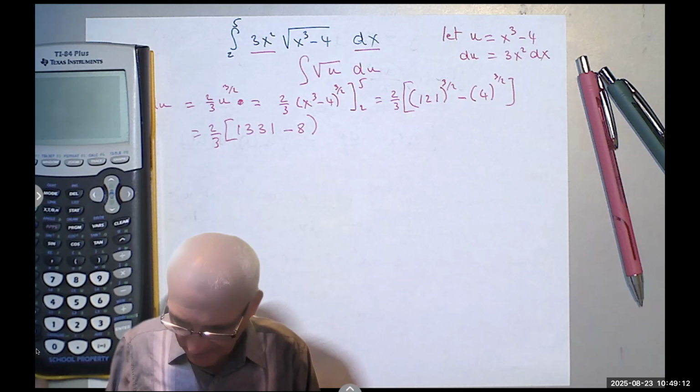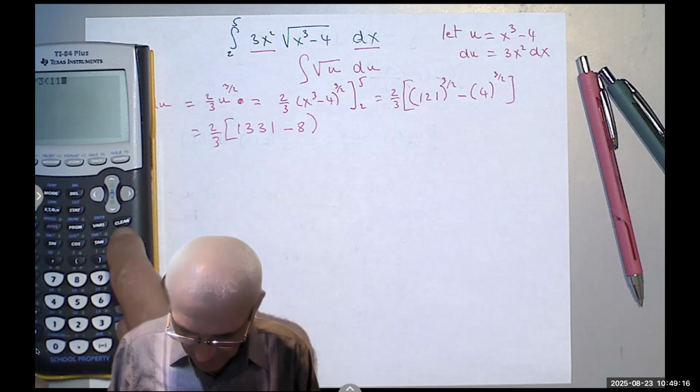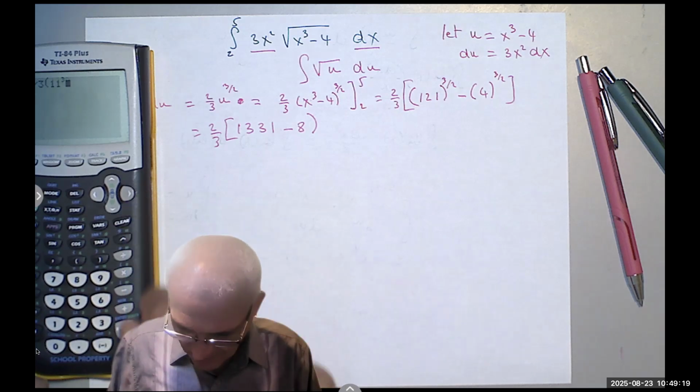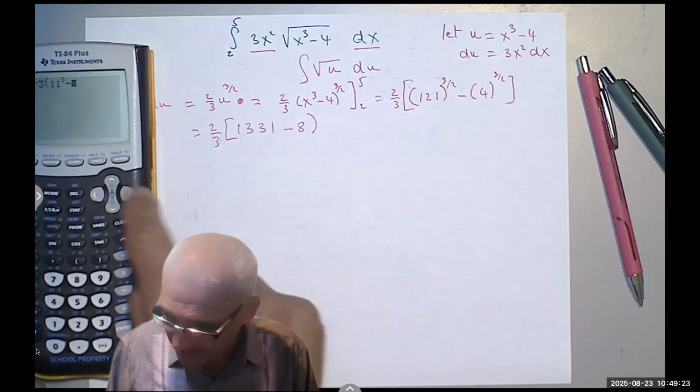Okay. So 2/3 times 11 cubed minus 2 cubed, right? Oh yeah, minus 2 cubed.